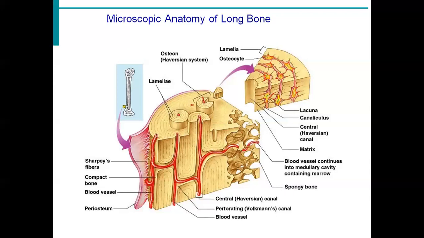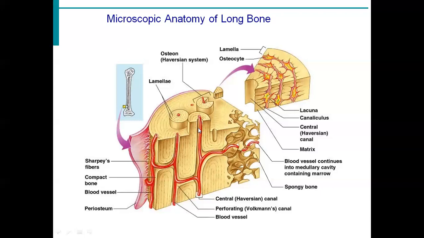Therefore, again I repeat, at the central region there is a presence of Haversian canal or central canal. Central canal is surrounded by multiple layers of lamellae.